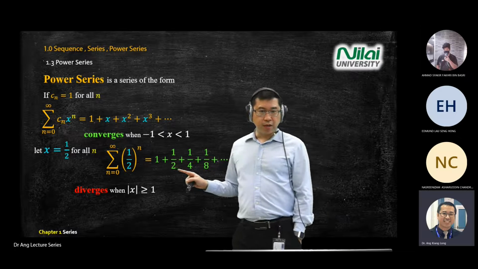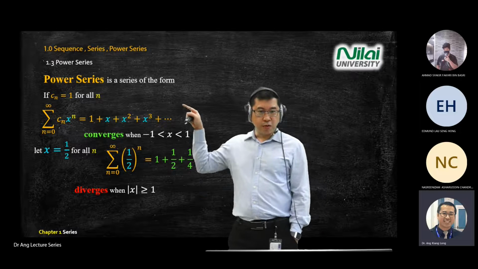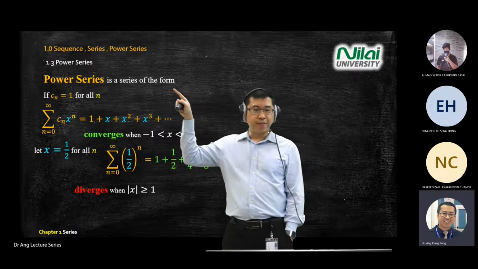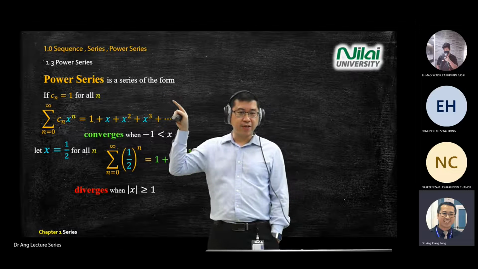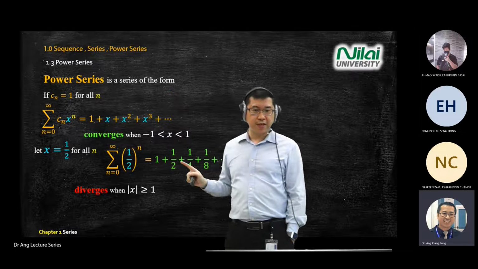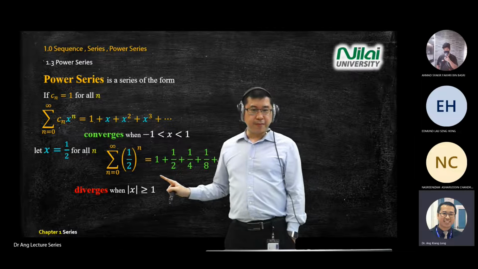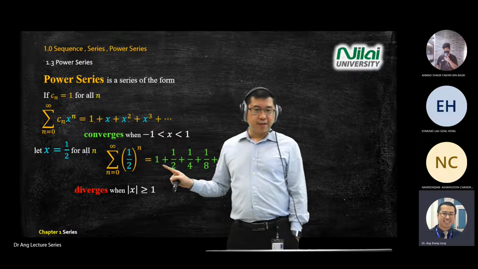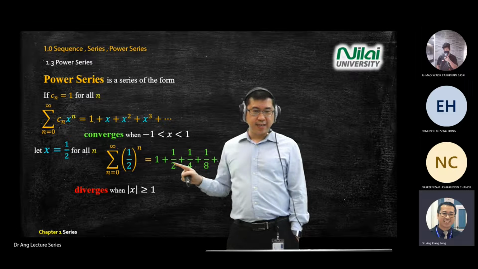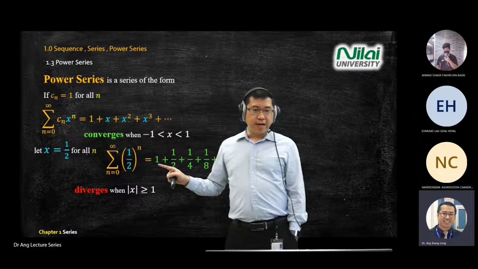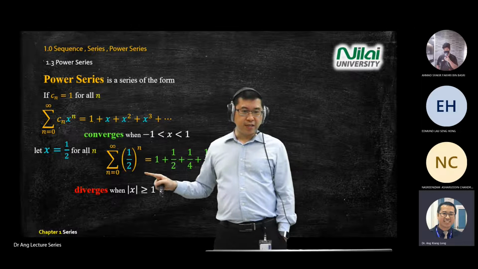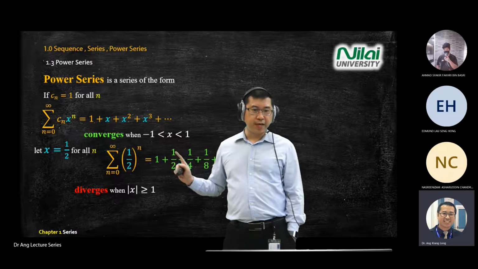What happened to the data? Now we are talking about power series. Don't confuse with the previous class when we talked about general series. Look at the first number, the first green number. It is special for power series. How do you get 1? You look at this equation, this half power n. How do you get 1?